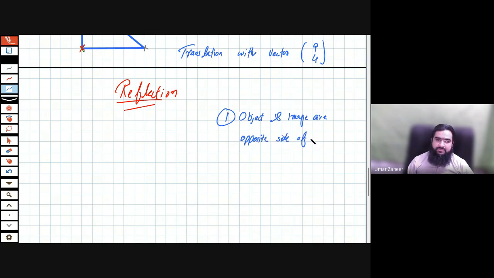In reflection, the thing we have to use is the line of reflection, which you can say is the mirror line.